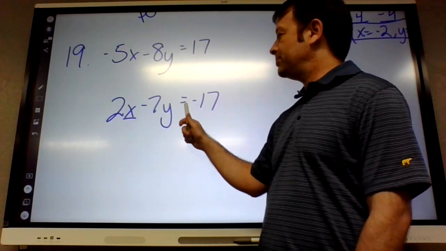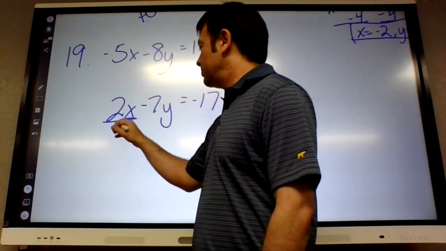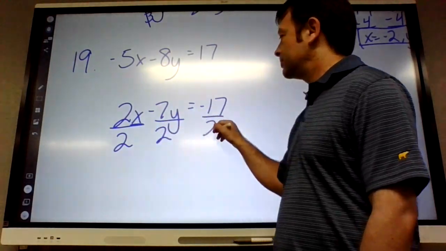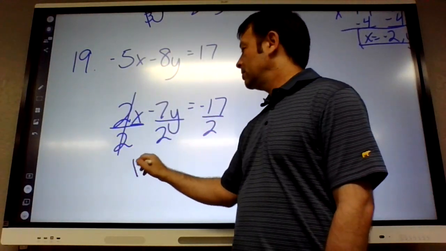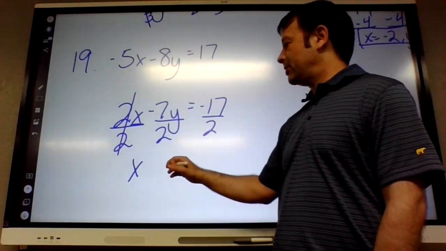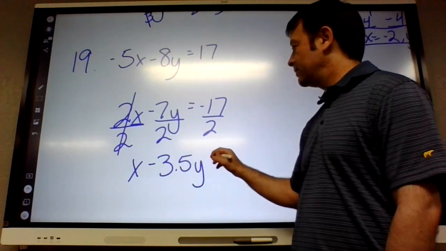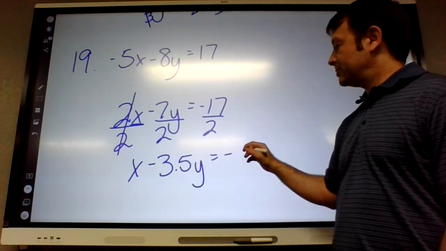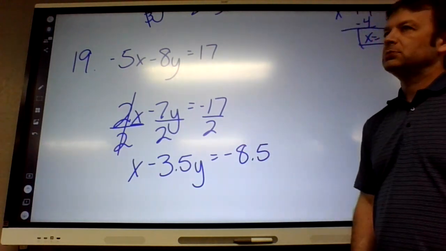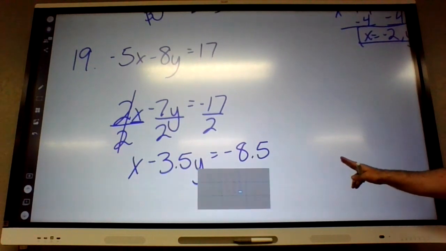Okay, you could divide by 2 at the beginning if you wanted to. But when you divide, you need to divide every term by 2. You could leave it as fractions if you wanted to. I think I'm going to go decimal. 7 divided by 2 is 3.5. Negative 17 divided by 2 is negative 8.5. Okay, now what?